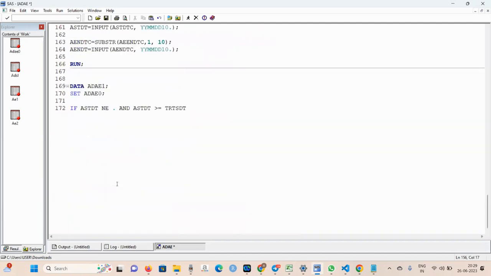Okay, so if the analysis start date is greater than or equal to the treatment start date, obviously that is the definition, right?